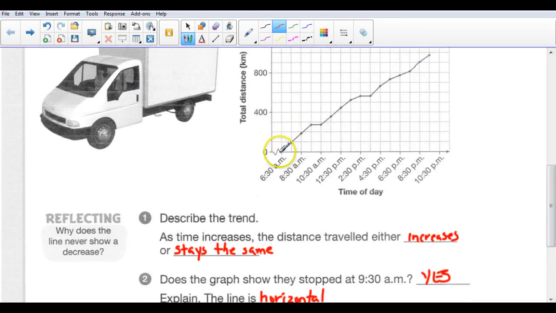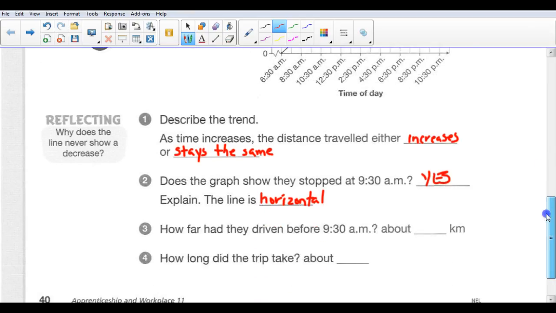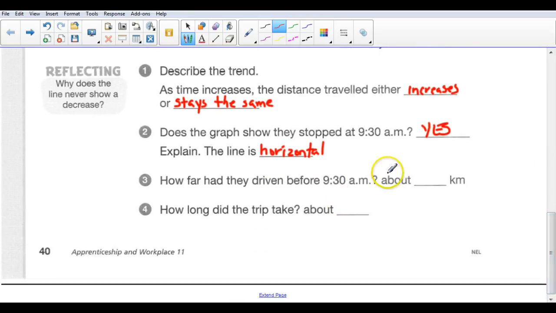They started at 0, and at 9:30 this looks like it goes up by 100, 200, 300, there's 400, so it's just below 300 kilometers. So about 300 kilometers.